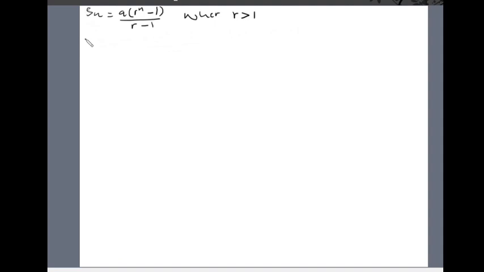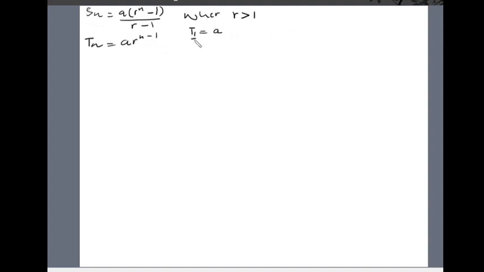a geometric sequence has the general term Tn equals a r to the power n minus 1, right? Where the first term is T1, which, when you substitute 1 in this general term formula, is equal to a, right?